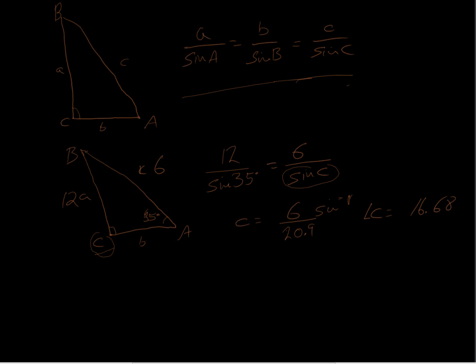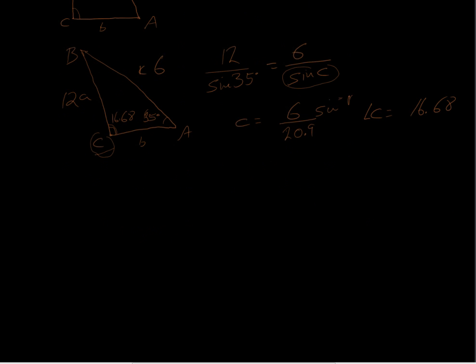16.68. So I kind of drew my triangle wrong here. This is supposed to be 16.68. Obviously, this doesn't really look like 16.68. So now that we have solved this, we can solve for the angle here, right? Because all of the angles added up together should give me 180. So 16.68 plus 35 plus B is equal to 180.